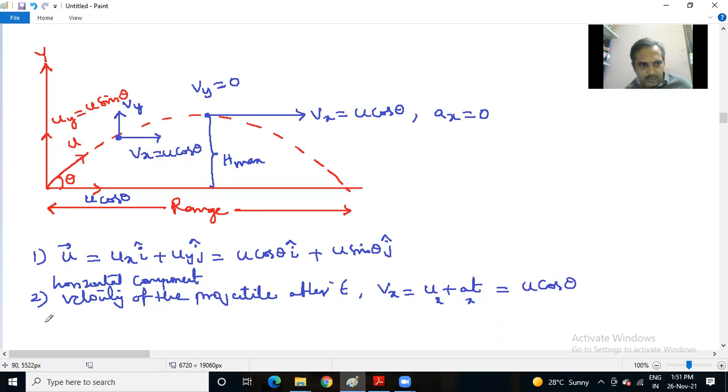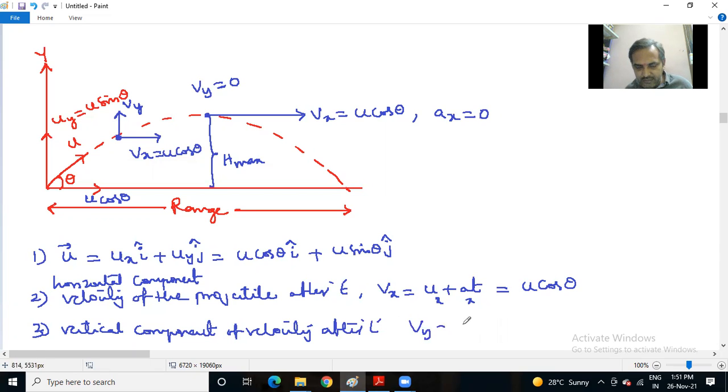Now, third, the vertical component of velocity after t seconds. So therefore Vy is equal to uy plus ay t.